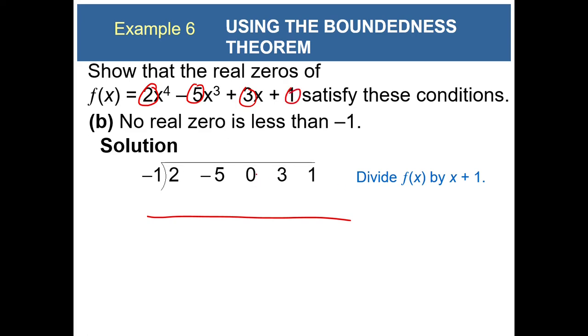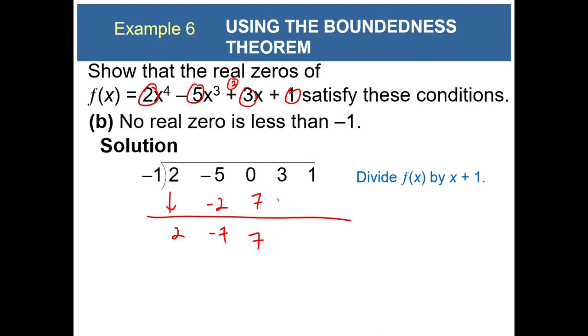Here we need a placeholder of 0 because there's no x squared term. So we'll drop down the 2, multiply, -1 times 2 is -2. Then we add, -5 minus 2 is -7. -7 times -1 is +7. Add again, we get 7.